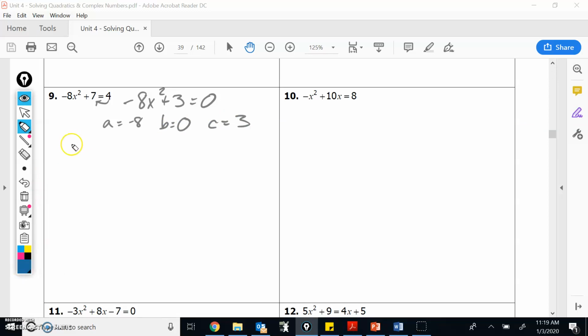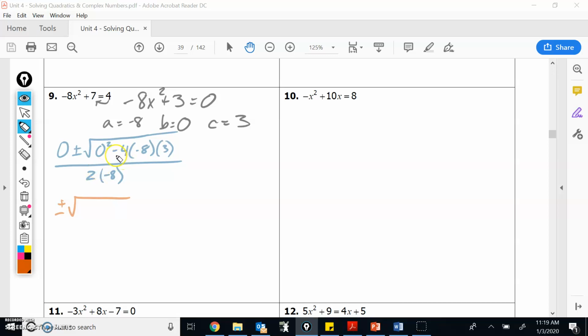Writing our formula out, negative b. So there is no b, so I'm just going to write 0 plus minus square root b squared, which is 0 squared, minus 4 times a times c, all over 2a. Simplifying underneath the square root, we get plus minus square root. 0 squared is just 0.